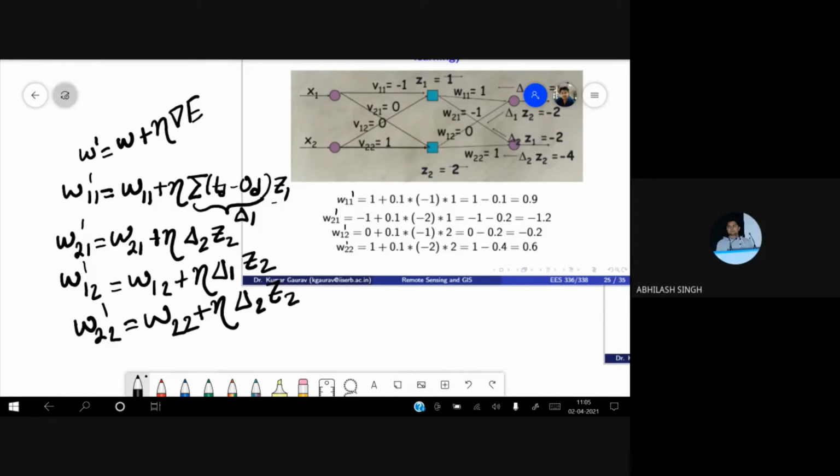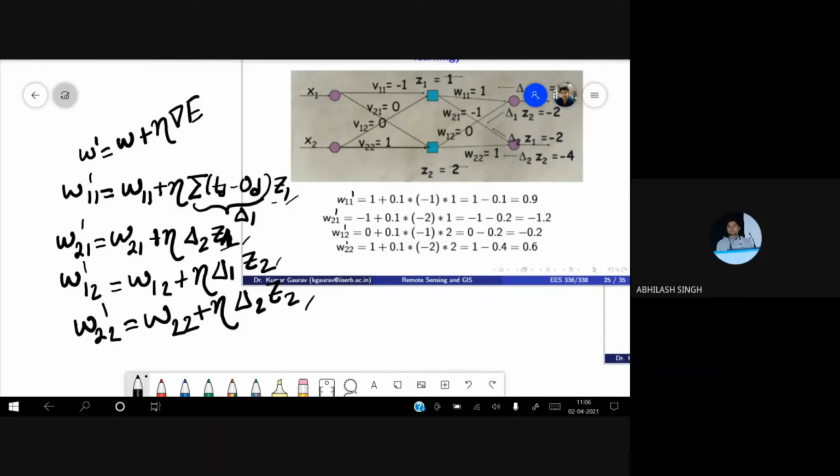Let me check once. For W21, we have the initial value of W21 plus eta delta 2 Z1. It is Z1, sorry for the mistake, because we will get two Z1 terms and two Z2 terms.